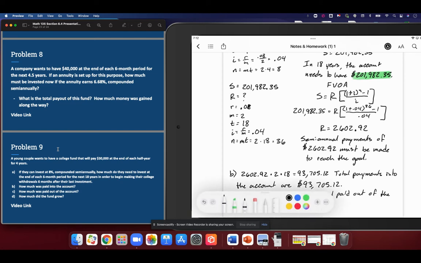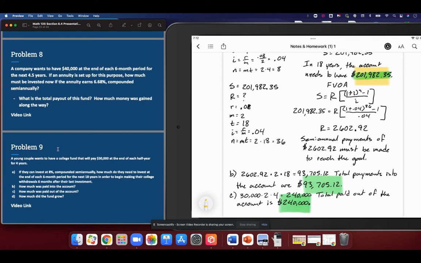Now keep in mind, we only had to invest $93,000 in order to pull out $240,000. The other piece to keep in mind, in the 18 years that we were investing, our investment grew to $201,982.